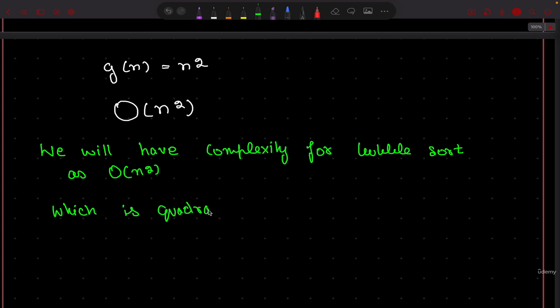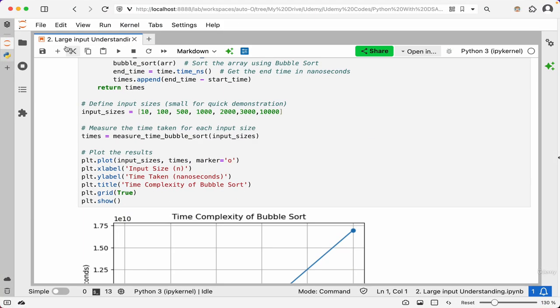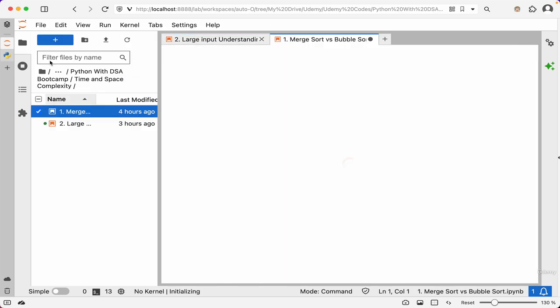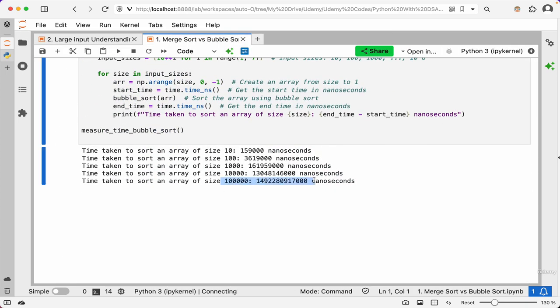So this overall complexity is also a little bad. When we have a very high input, it's going to take a lot of time. Something which we also saw when I ran this code, if you all remember. So not this, the other one. Let me open it. Yeah, merge sort versus bubble sort. When we ran this code, it took forever to give us the answer for the last one, right?